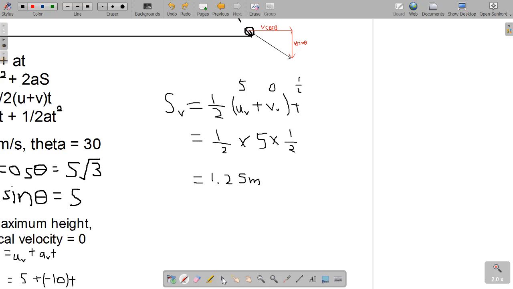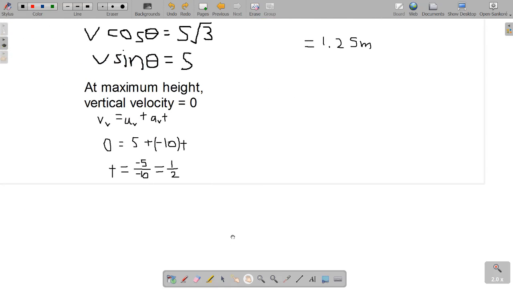Again, I'm not going to care about sig fig for now because I'm a bit exhausted, so just take note when you're doing the working. Yeah.